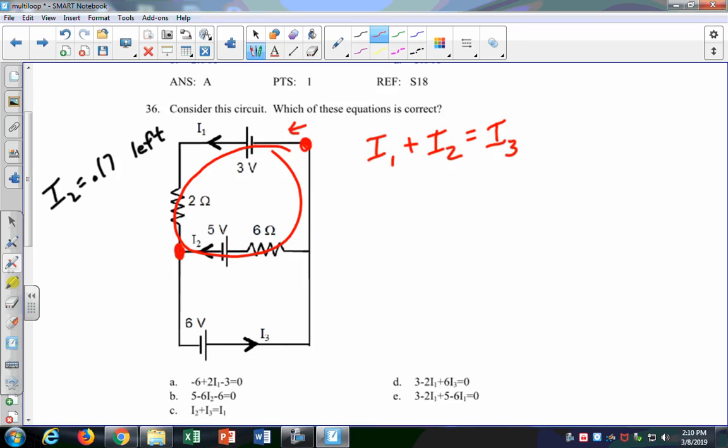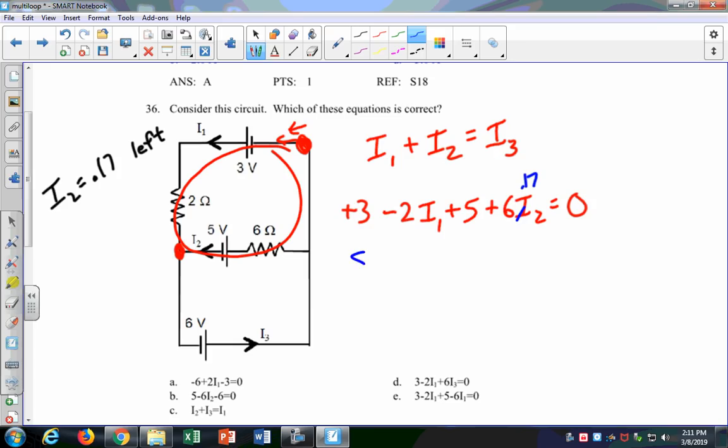So anyway, let's follow this loop rule. Starting right here, going in this direction, plus 3 minus 2I1 plus 5 plus 6I2, and that's equal to 0. Now, I know that I2 is equal to 0.17.